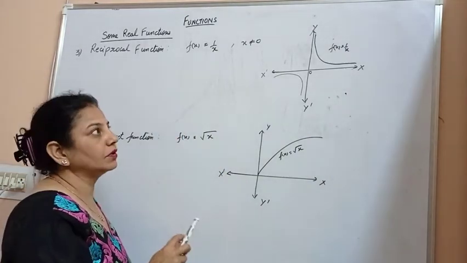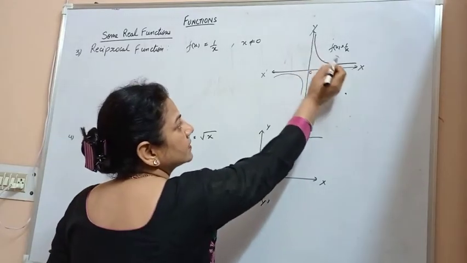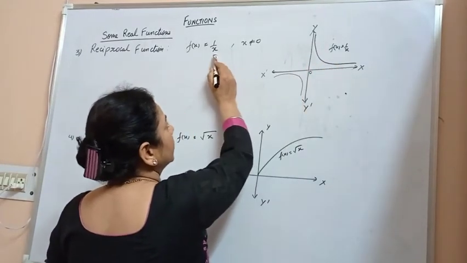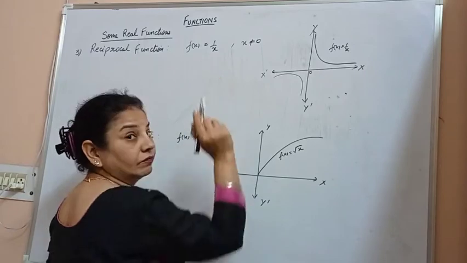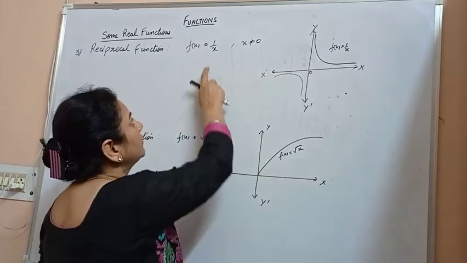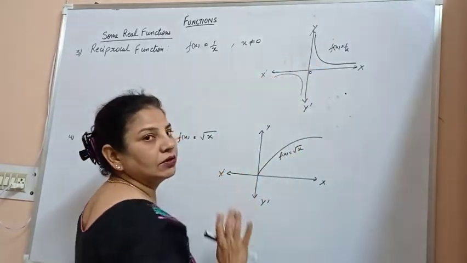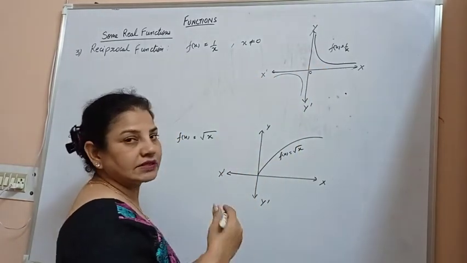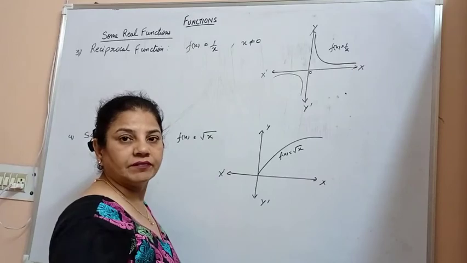The graph of this function is given as follows. You give the value of x as 1. We need not give the value of x as 0. Other than 0, we give x as 1, correspondingly we get the value of f(x). You give x as 2, correspondingly you get the value of f(x).